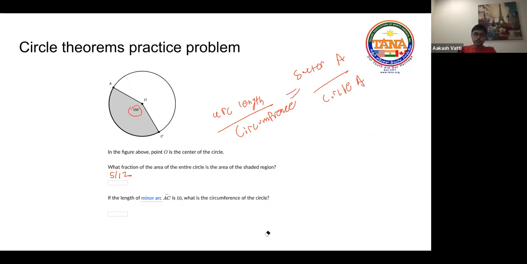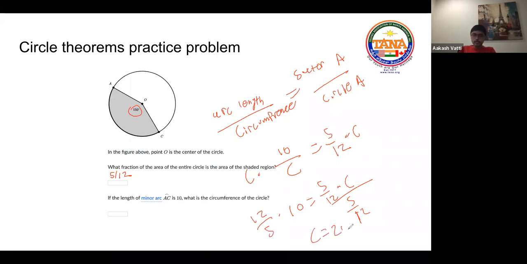So you're given the arc length 10 over circumference, which I'll call C, is equal to 5 over 12. So you multiply C on both sides. Then you get 10 equals 5 over 12 C. And then you divide by 5 over 12, which is the same thing as multiplying by 12 over 5. And when you do that, you get C equals 24.